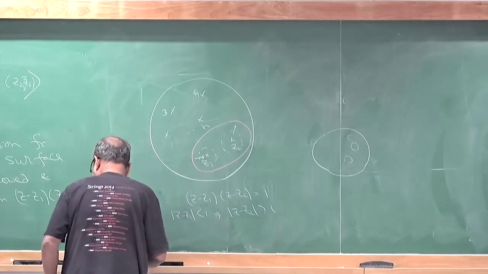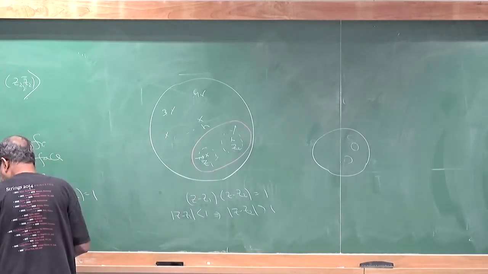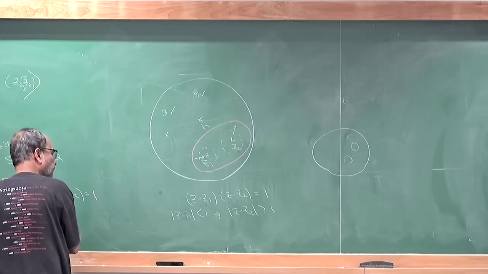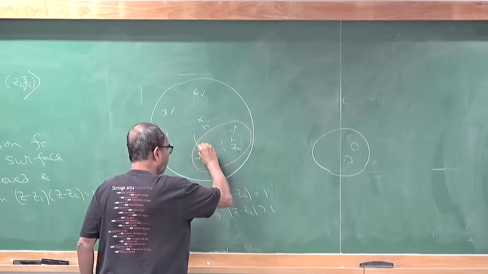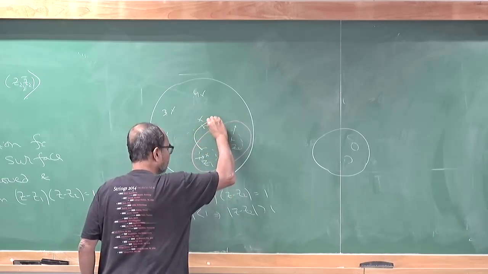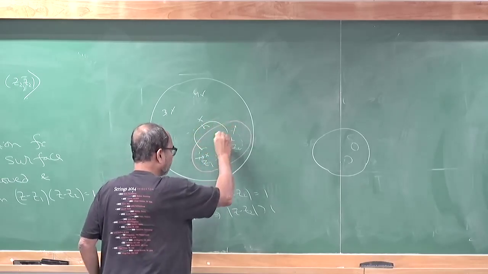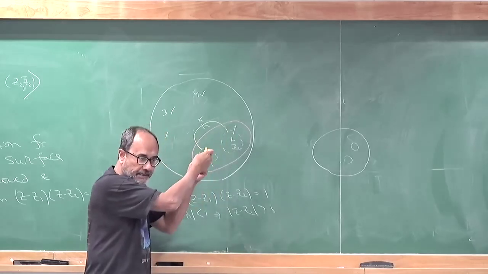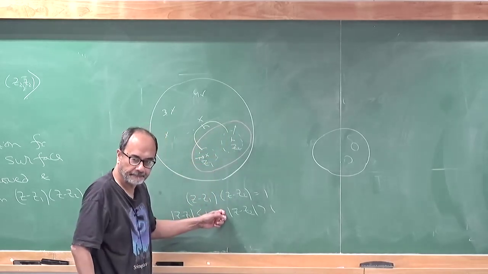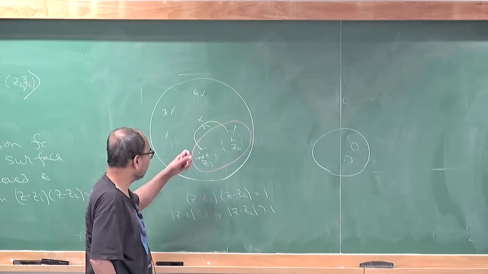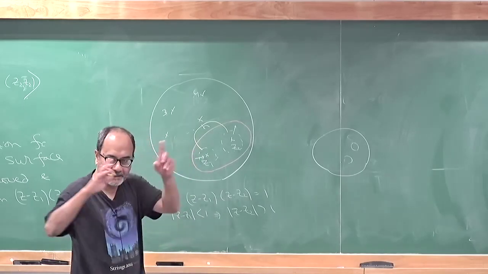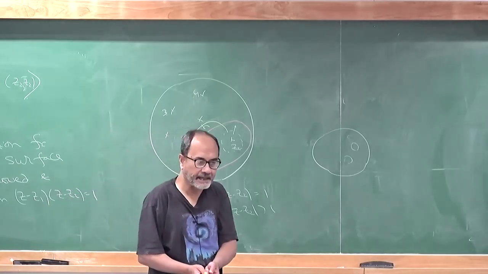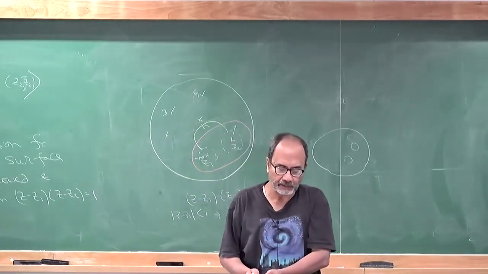And the B cycle will be when you go in here and come out from here, right? Because these two are actually the same points because they have made this identification. And you can see that the A and B cycle will basically cut at, if you draw A and B cycle on the torus, sorry, not 2 points, 1 point.